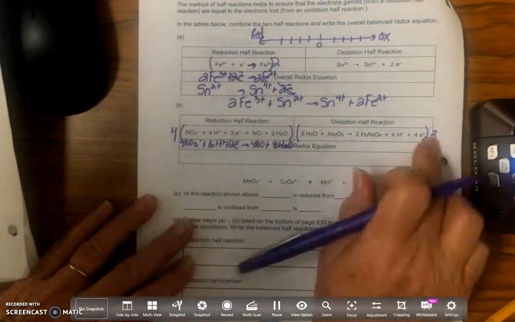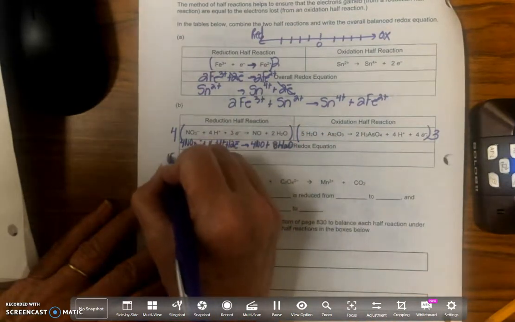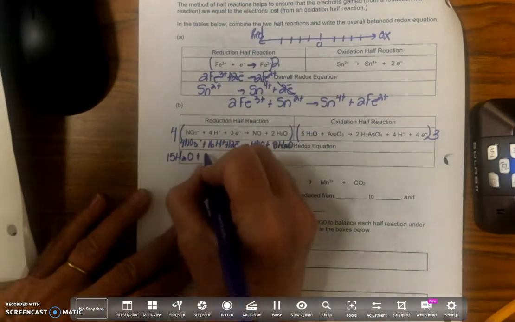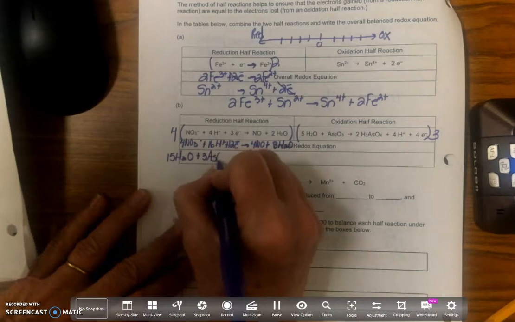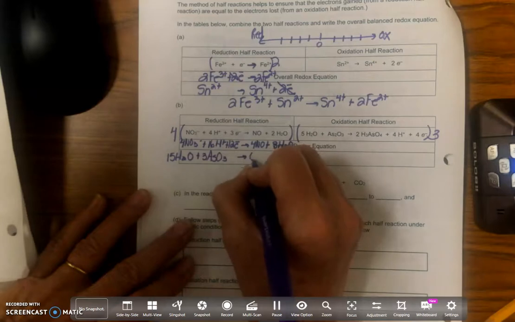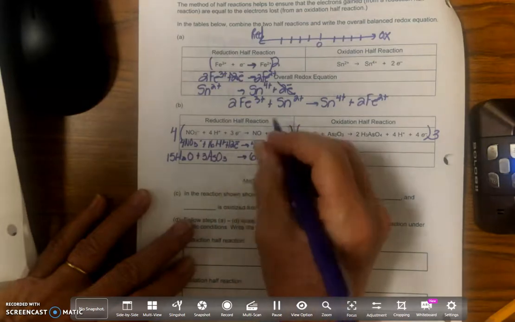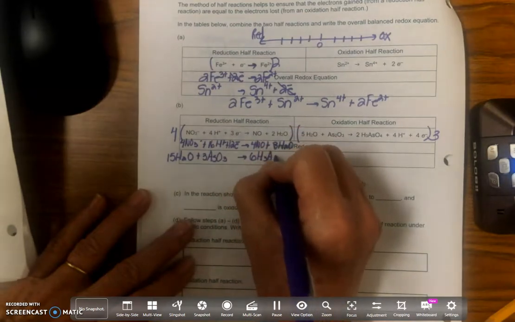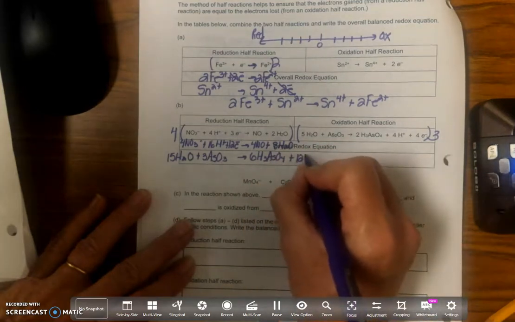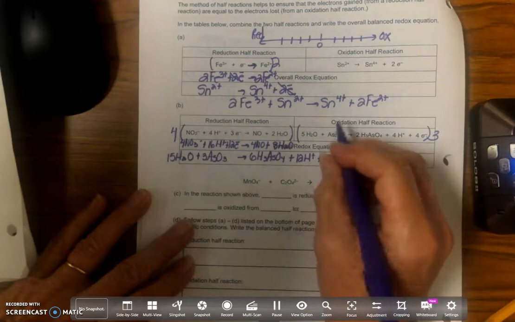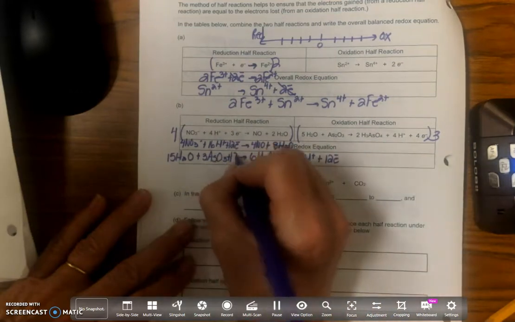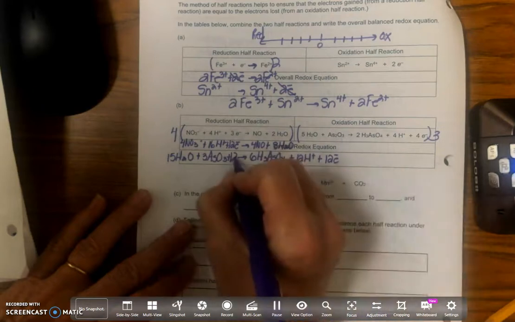I'm going to pull this one over here. 15H2O plus 3As2O3 goes to 6H3AsO4 plus 12H+ plus 12 electrons. I forgot my electrons over here. Whoops. Oh, sorry. Plus 12 electrons. Okay.